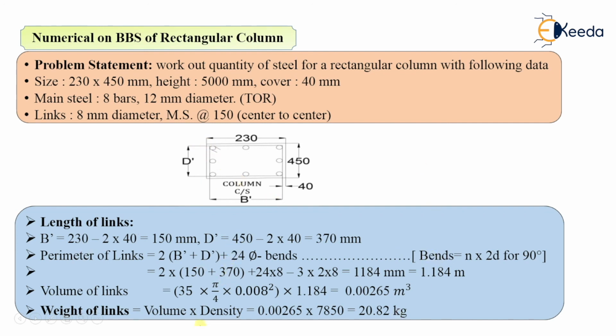So all I have given here in the detailed explanation. For the detailed explanation I have written the description of this, and you can convert it into the standard format of BBS. So this was the video on BBS of rectangular column.